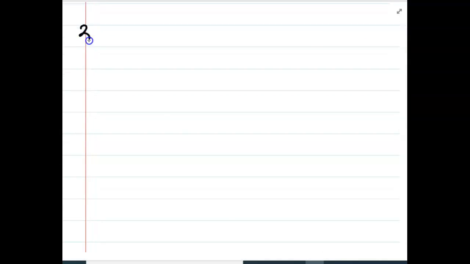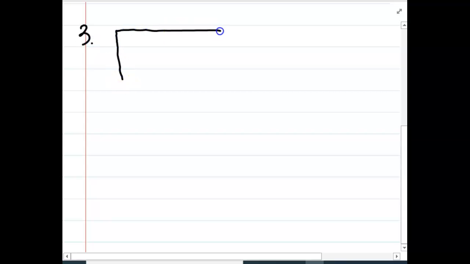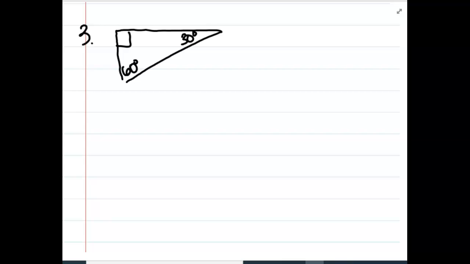All right, so number 3. We've got our 30-degree angle, our 60-degree angle. X is going to be right there, Y is going to be the other leg, and the hypotenuse is going to be 6.